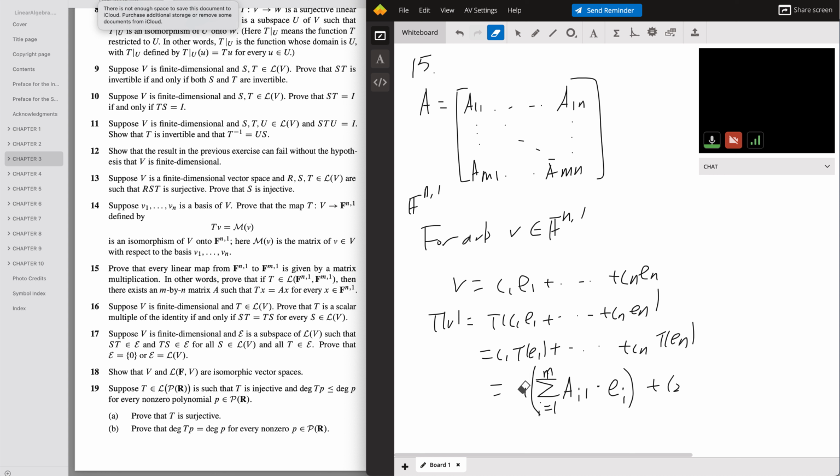What the heck? Why don't I just write everything together? So if I write everything together like this, this is exactly what you would want.